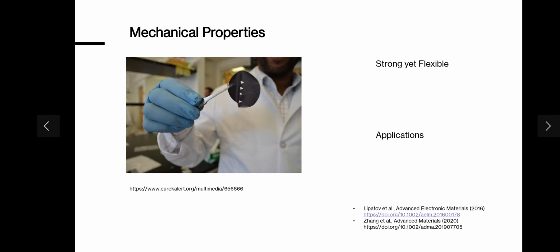Most of these carbide sheets have Young's modulus values ranging from 330 GPa up to 600 GPa, comparable to steel, but also thin and flexible. The application of such a strong yet flexible object is that we could use it in polymer composites.